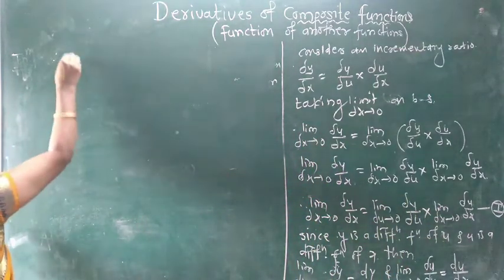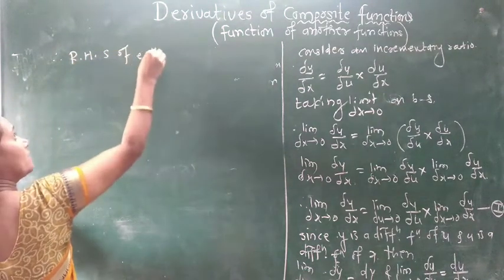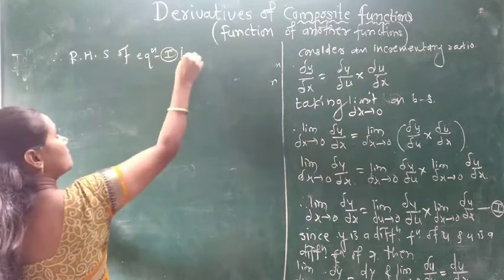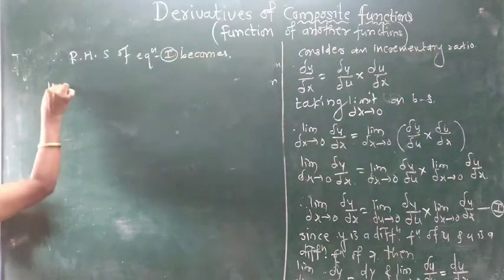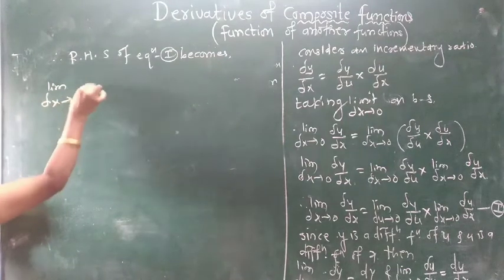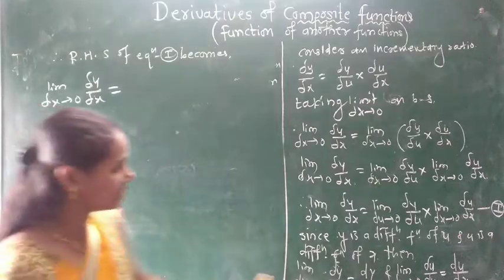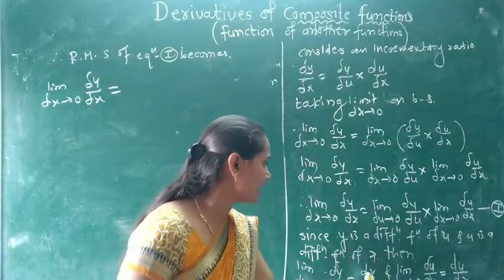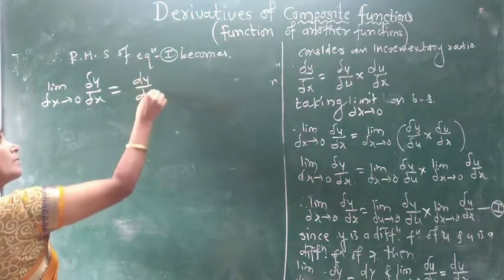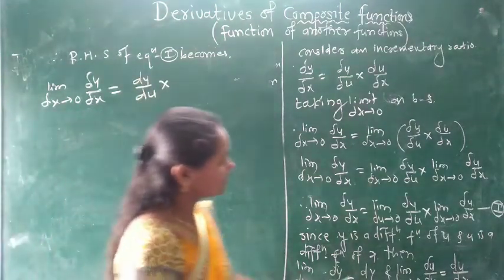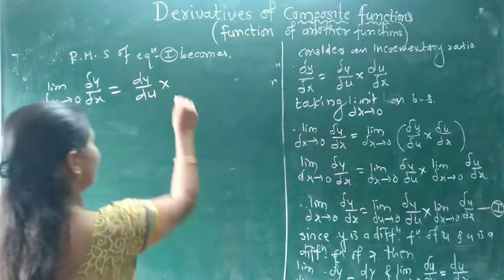The RHS of equation 1 becomes, instead of this term we write dy upon du, into limit delta u upon delta x, that is du upon dx.